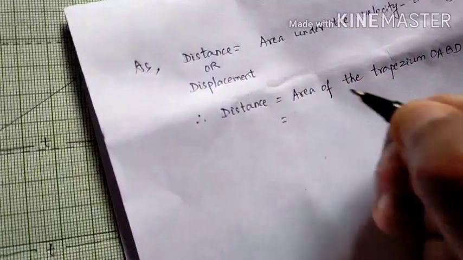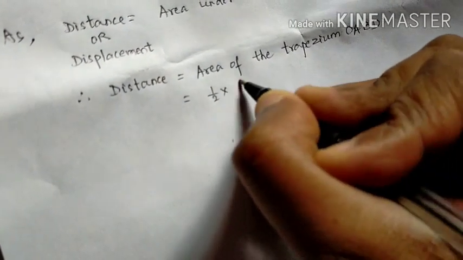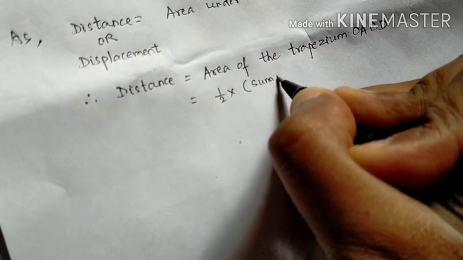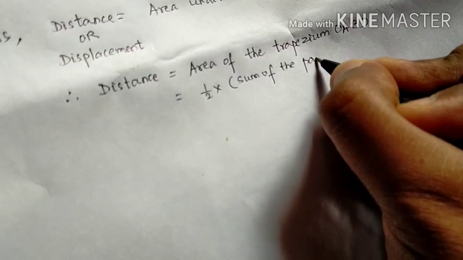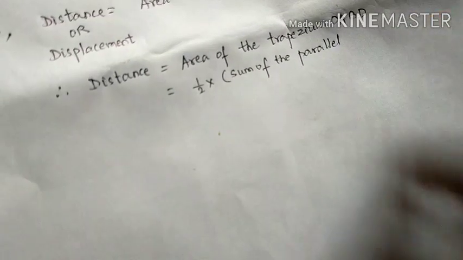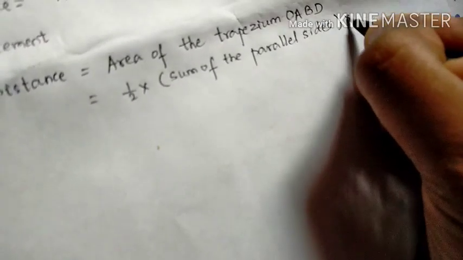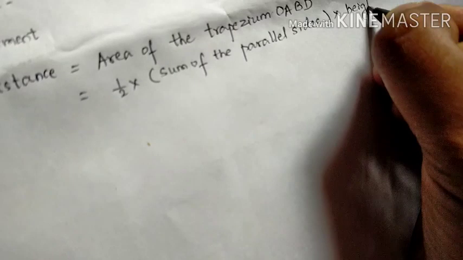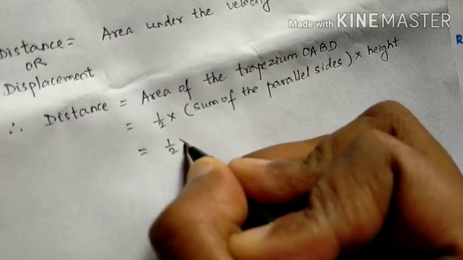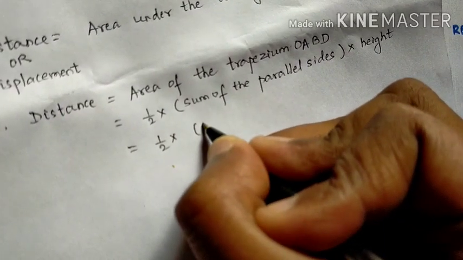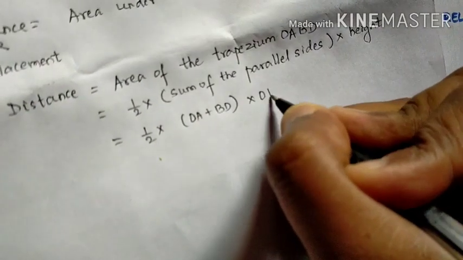So let's substitute the values and write down the formula. So area will be equal to half into sum of the parallel sides multiplied by height. So that will be equal to half into OA plus BD multiplied by OD.